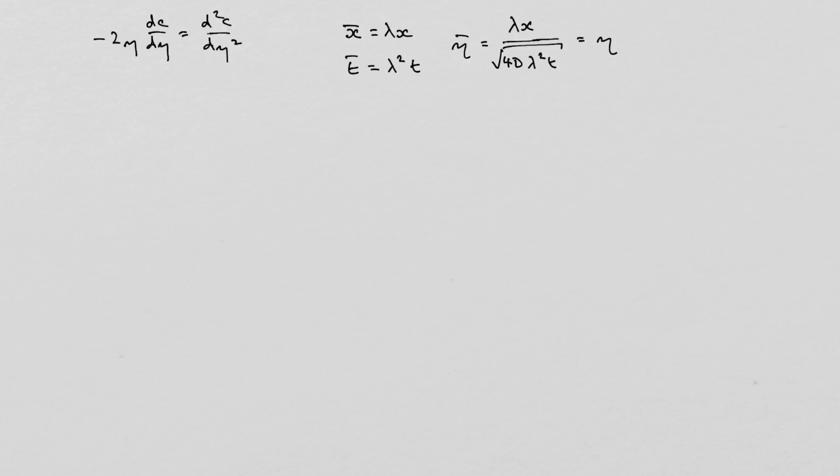So in other words, if I stretch my system by a factor lambda and also dilate time by a factor lambda squared, eta would be invariant. So this will be a valid description of a problem if the problem is invariant under the same scaling.